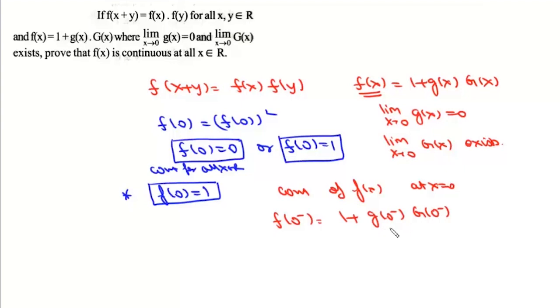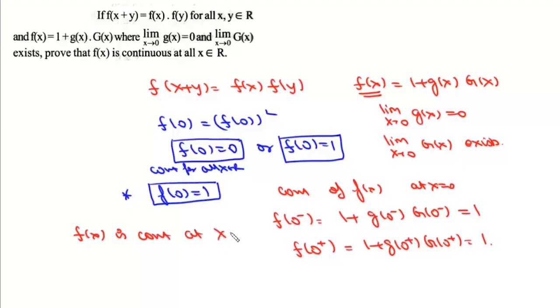Now g(0) is 0. That means this f(0 negative) is 1. And f(0 positive) is 1 plus g(0 positive) into G(0 positive). Now this again is 1. So that means this function f(x) is continuous at x equals 0.